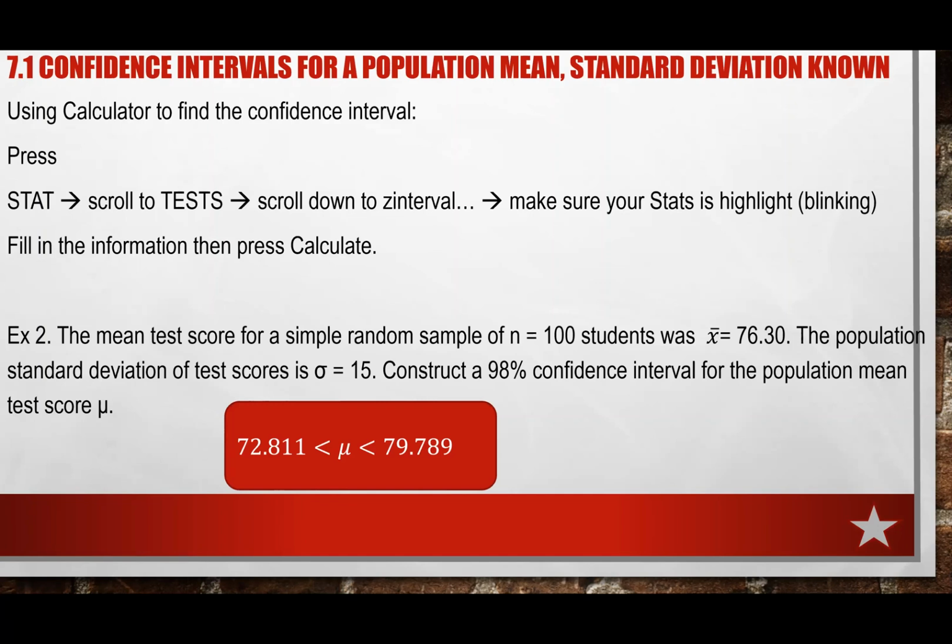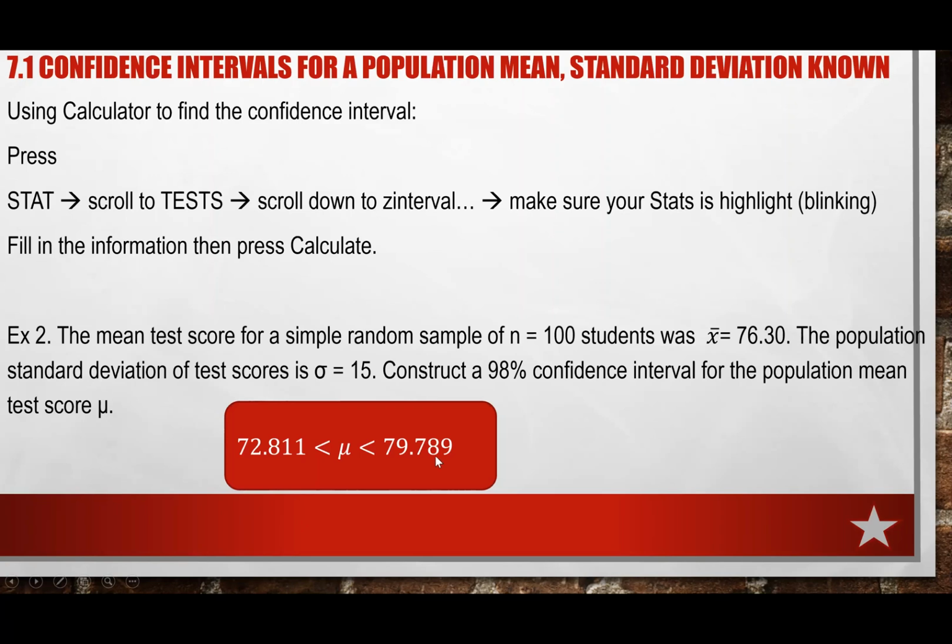Your calculator, using this item here, does those first 4 items for you. This is our answer in example 2. The calculator only used 2 decimal places. That's why we have only 81 and 79 on your calculator.